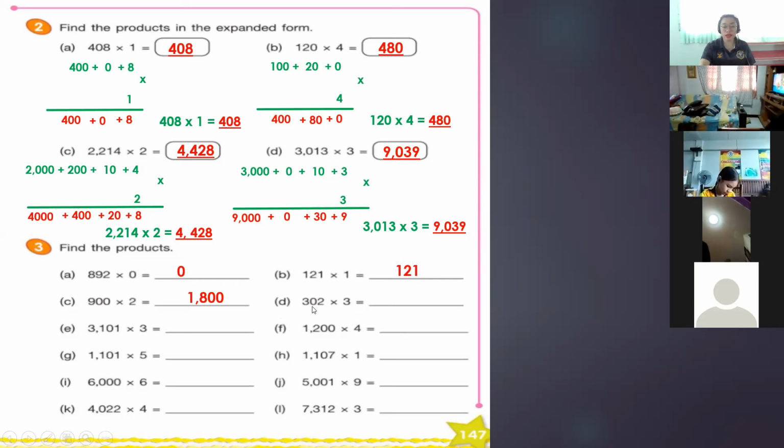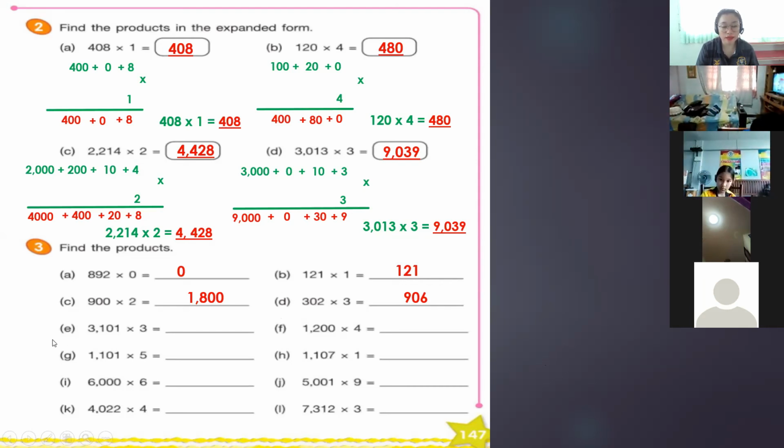Next, letter D. We have 302 multiplied by 3. 3 times 2 is 6. 3 times 0 is 0. And 3 times 3 is 9. So we have 906. The product of 302 multiplied by 3 is 906.